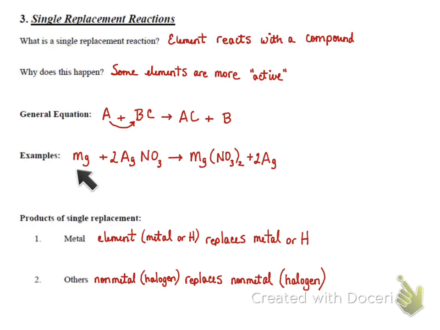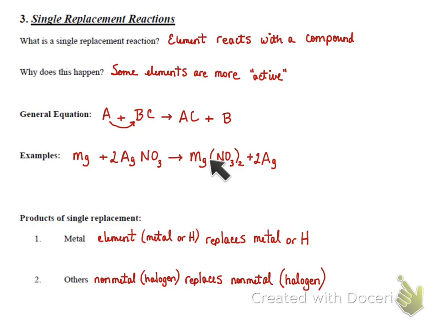Here's an example. Magnesium, which is our metal element all by itself, reacts with silver nitrate. So magnesium is going to come in, kick out silver, make a bond with nitrate to make magnesium nitrate. And notice because magnesium is +2, it does change the formula a little bit, the pattern. So we do have to make the formulas correct because magnesium with nitrate has a different number of nitrates than silver with nitrate.